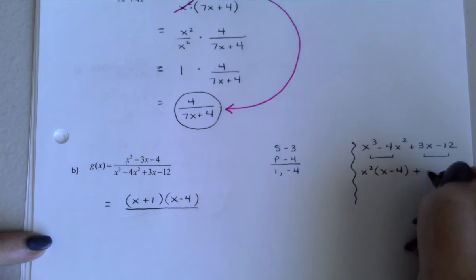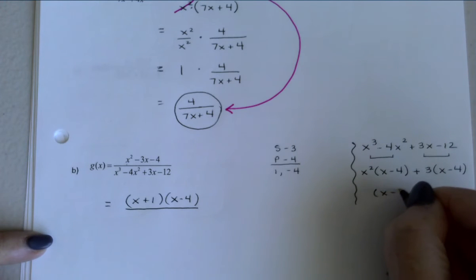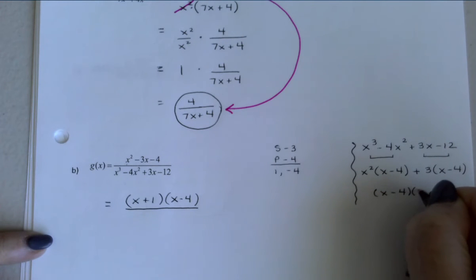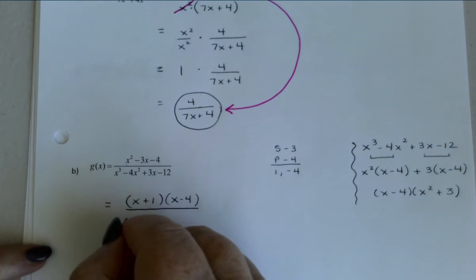Plus I can take a 3 out there, which also gives me x minus 4. So my factored form would be x minus 4 times x squared plus 3. So I'm going to put that in my denominator.